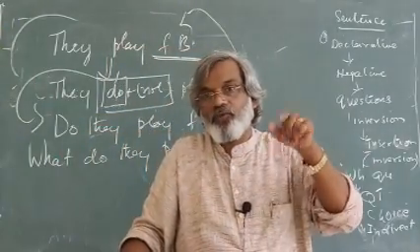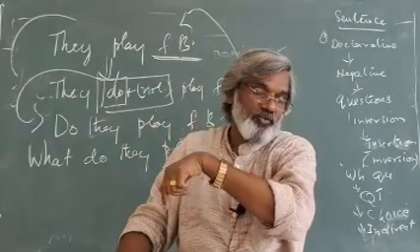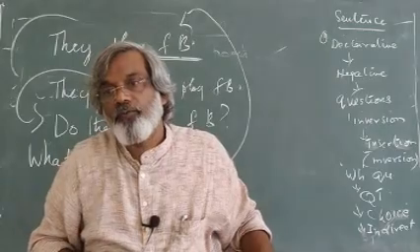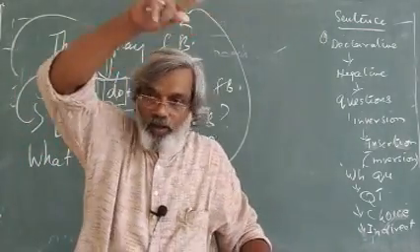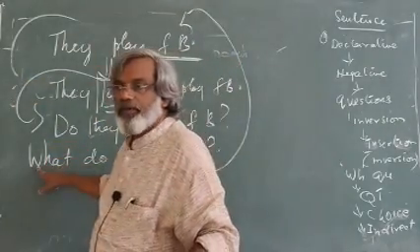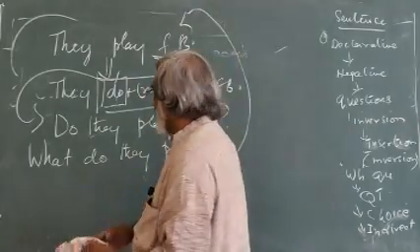So that step is called insertion followed by inversion. After that, the dynamic question WH: how to select a WH word suitable to the underlined area, then add it from the beginning. You will get an example: what do they play.